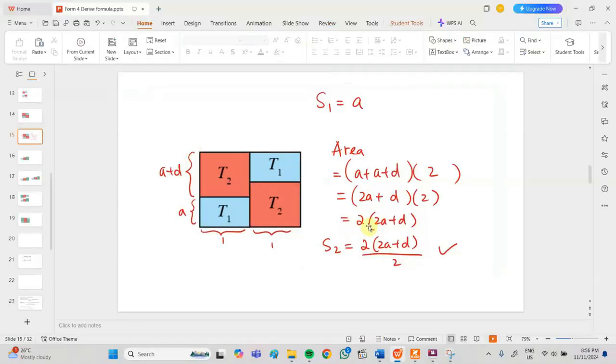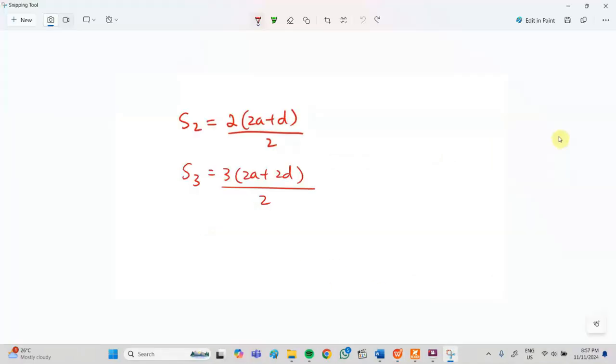So now if we refer back to our previous derivation of S2, S2 is equal to this. And so by using the same method of drawing the blocks, we can find S4, which is equal to 2A plus 3D over 2. And from here, we are going to start to deduce Sn.